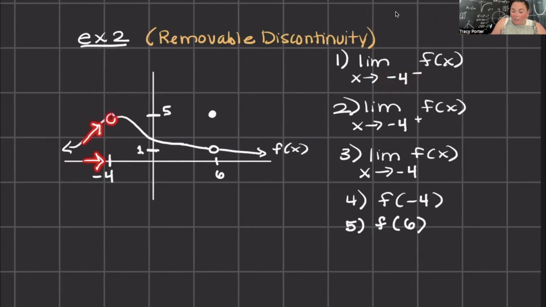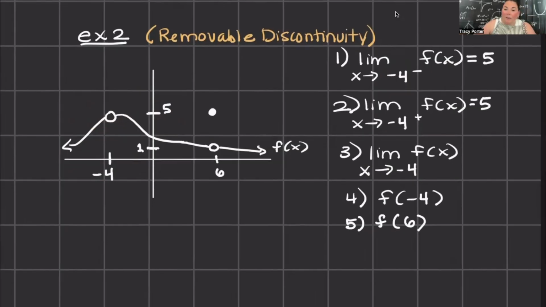Now, of course, you see it's undefined when it gets to -4, but until then, we would say that it's approaching 5. So over here, we're going to say equals 5. If we approach the same value, -4, but we come in from the right side, it is approaching the same value of 5.